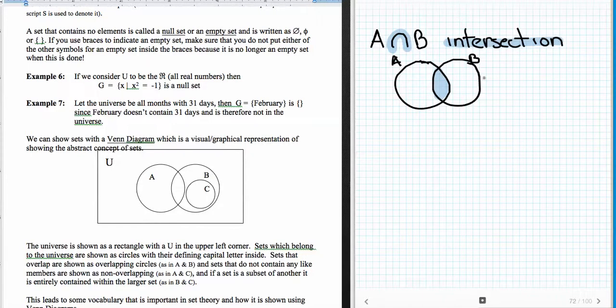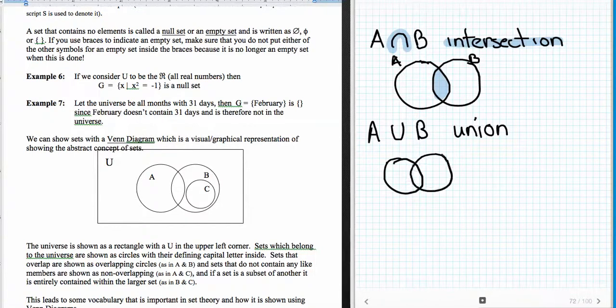And then another thing that we talk about in set theory is the union of two sets, A union B. Now, A union B is just simply the collection of everything in the two sets. So if I'm talking about A union B here, then what I'm talking about is everything within the bounds of these two.